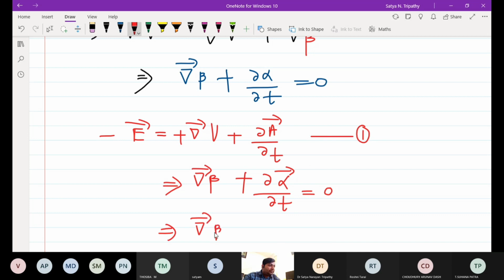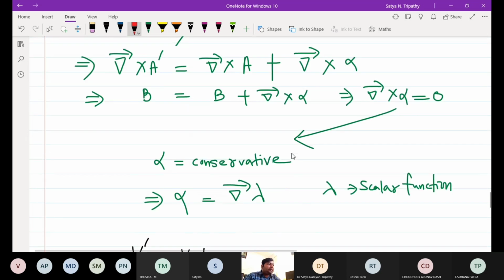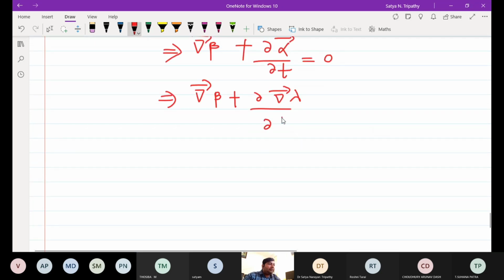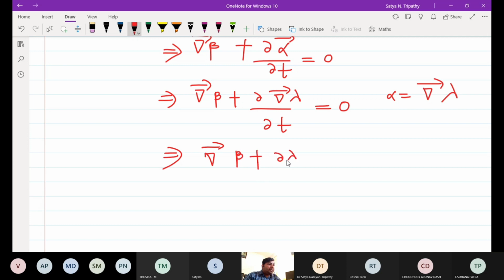Next, del cross B plus alpha, how much do you calculate? Grad of lambda. This is equal to 0. Alpha is equal to grad of lambda. So this is grad of B plus d lambda by dt is equal to 0.